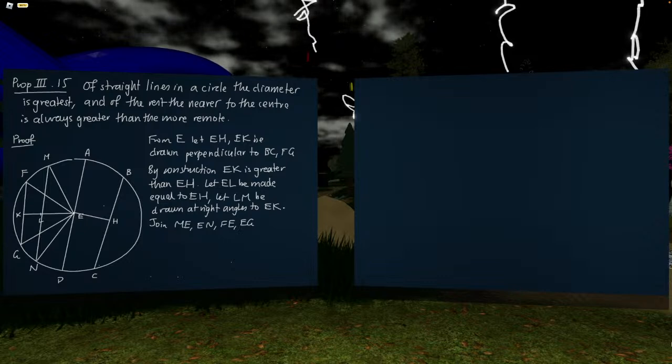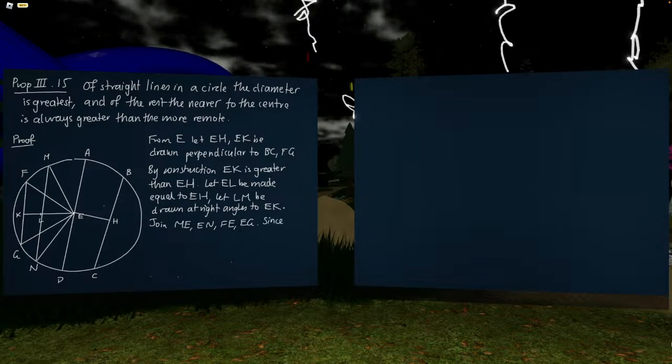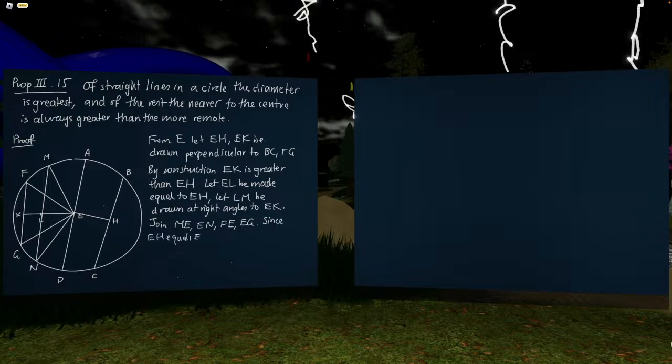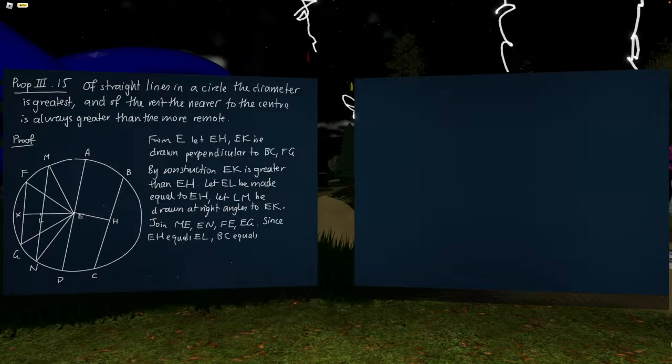All right. Since EH is equal to EL, BC equals MN. That's by what we just did.